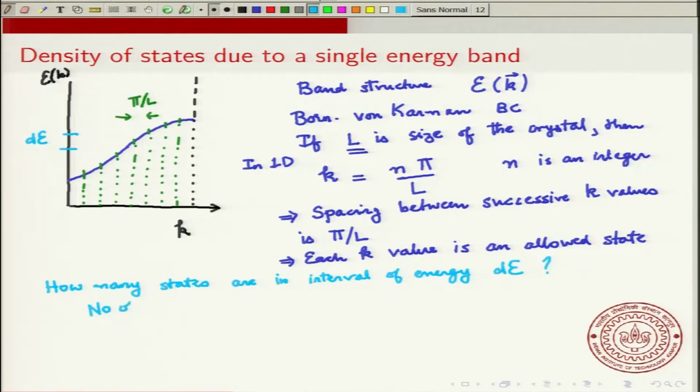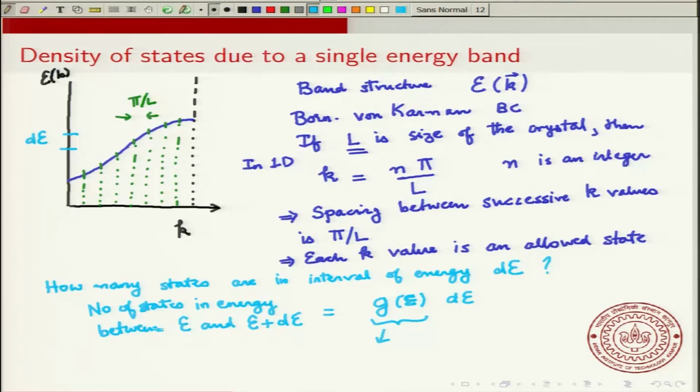The number of states in the energy interval between E and E plus dE is some function g of E times dE, and this function is called the density of states.